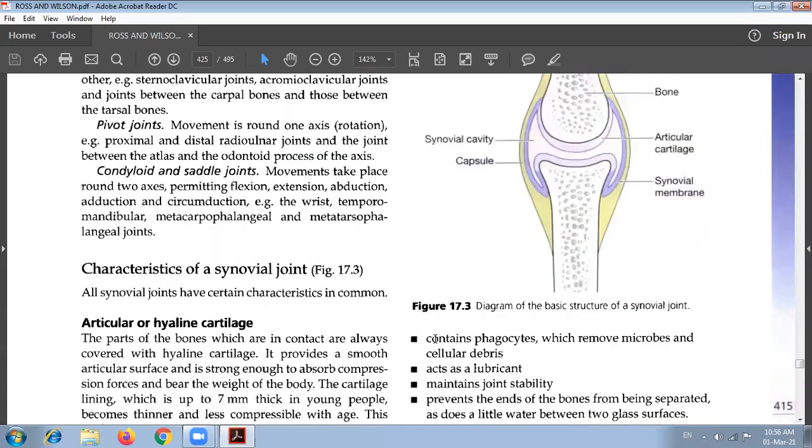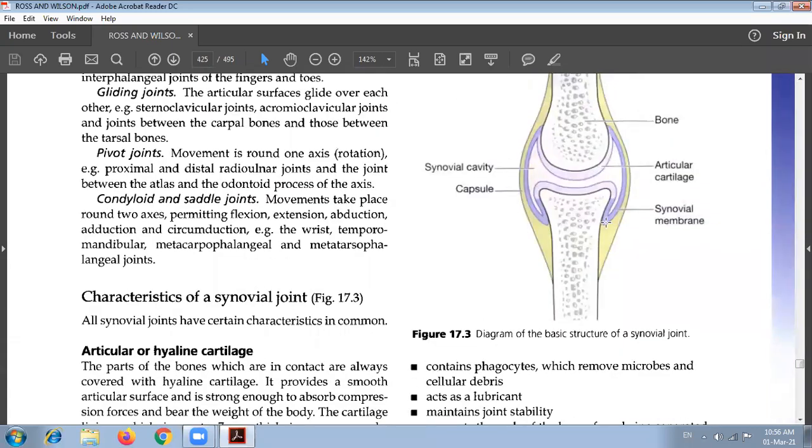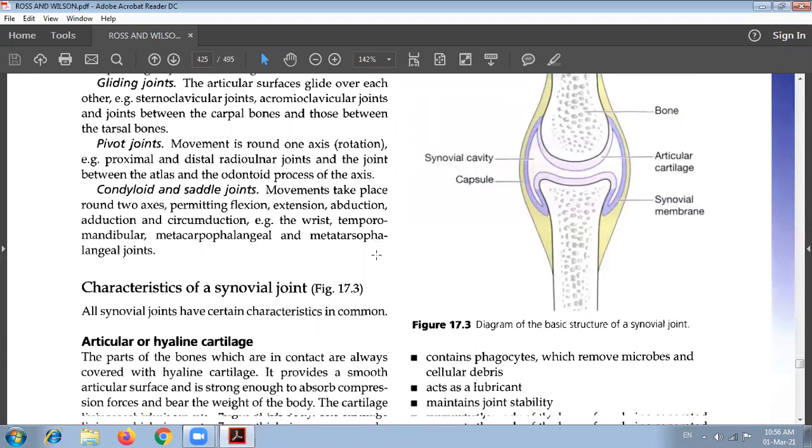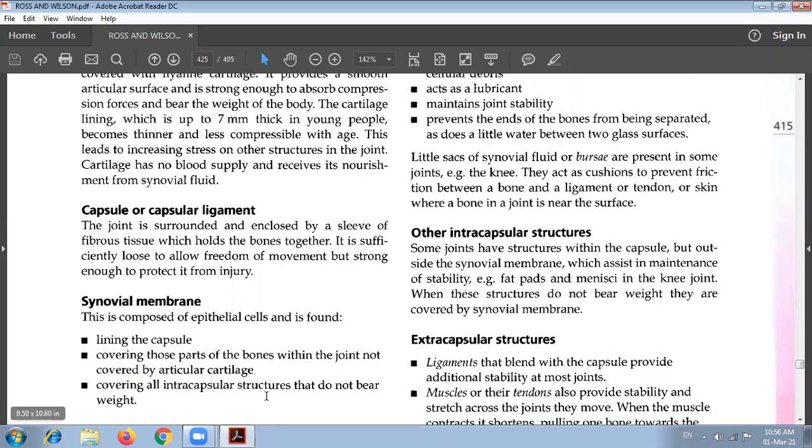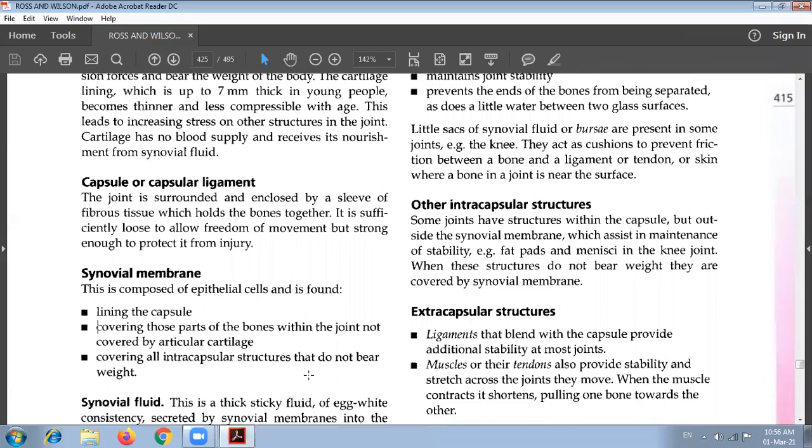Here you can see this synovial membrane in blue color. This membrane lines all the parts of the capsule, covering those parts which are not covered with the hyaline cartilage, and all the intracapsular structures that do not bear weight.